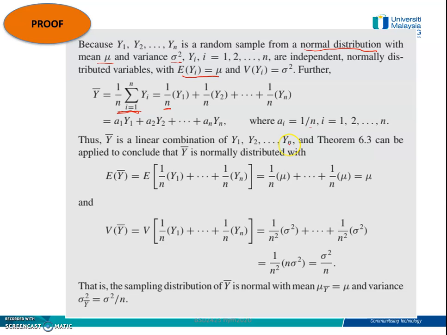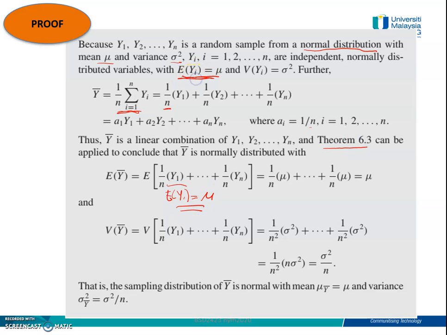You learned this in the previous chapter. By using theorem 6.3, we can conclude that Y bar also follows a normal distribution, because in order to find the expected Y bar, it will be the expected value of 1 over n Y1 plus until 1 over n Yn. You can bring the 1 over n out, and E of Y1 is equal to mu from theorem 6.3.